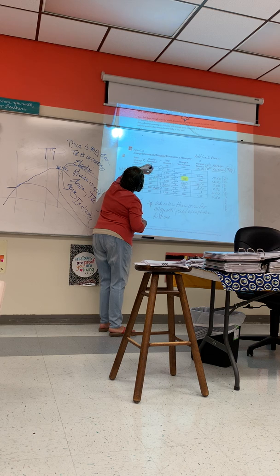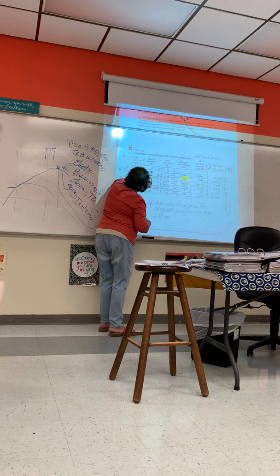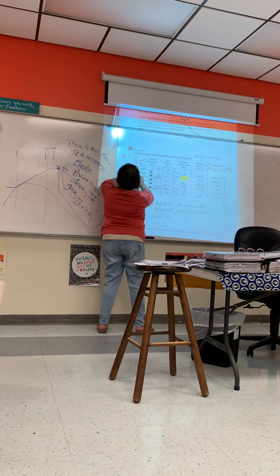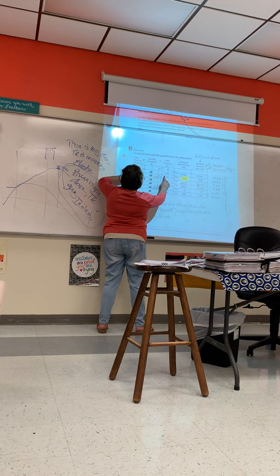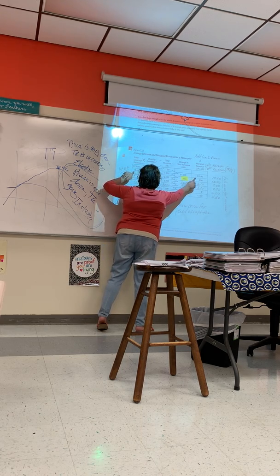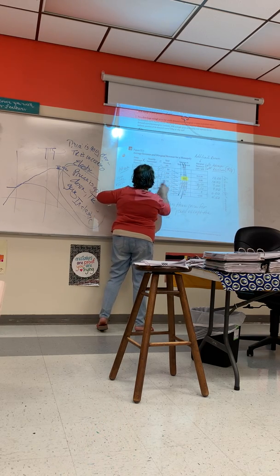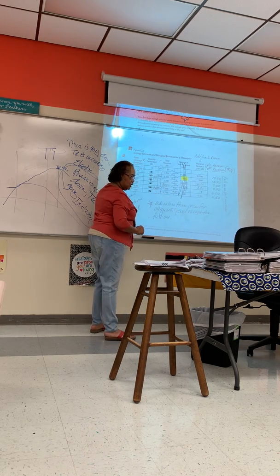So if I get rid of these zeros, that's 1, 2, 3, 4, 5, 6. And if it's $12, 12 times 1 is 12, then this is gonna be 12. So I don't need this column here. It goes from this, this, this, and this.